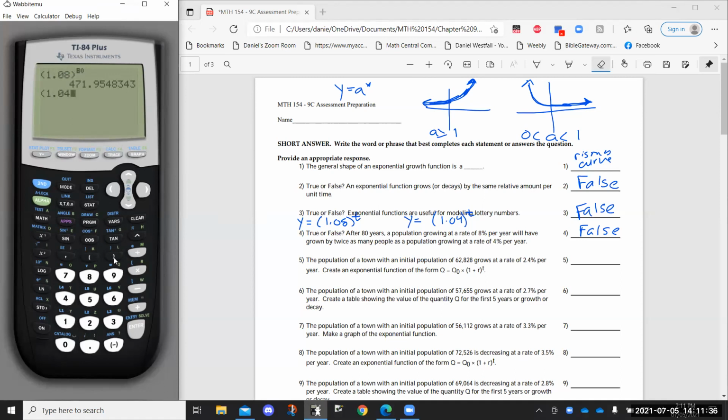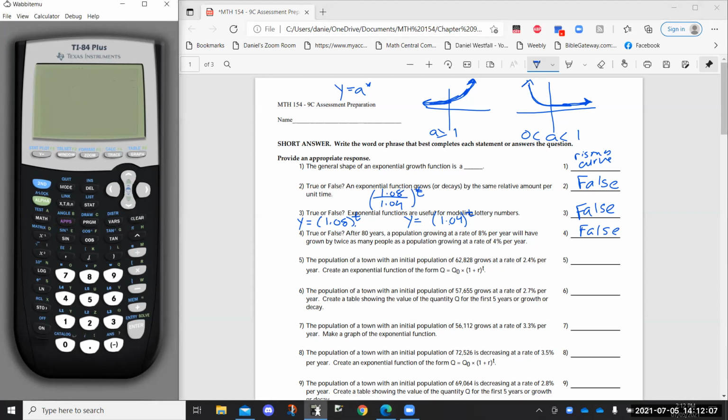There's an even easier way to prove this. If they're double, when I find their quotient, it should be 2, right? So let's see if this one, which they imagine would be double that one. Okay, let's try this.